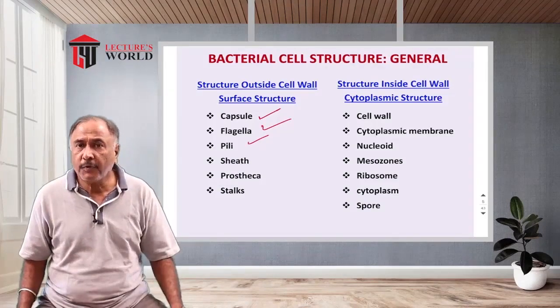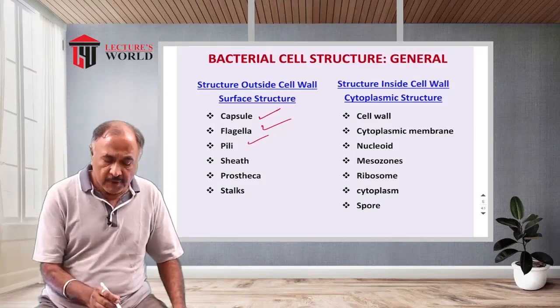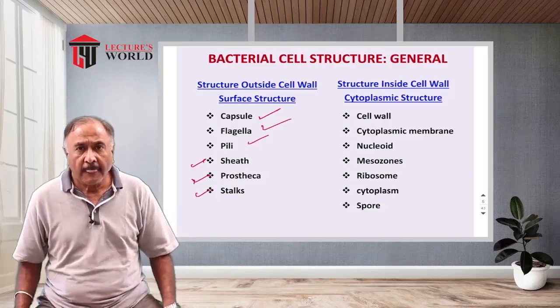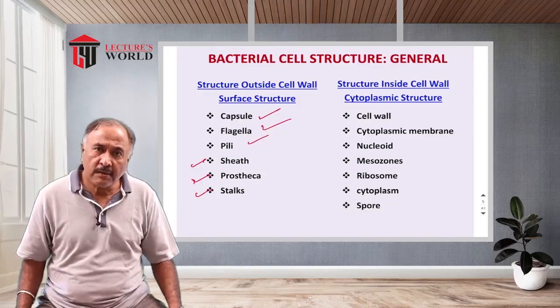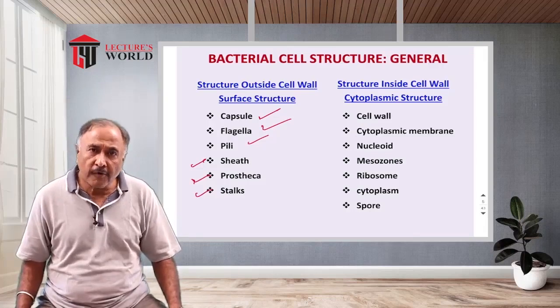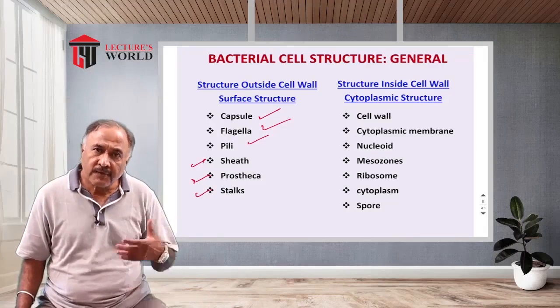But in a few specialized organisms, we also find other structures like sheath, prosthecae and stalks. This we will study in detail when we study the morphology of bacteria as a separate lecture.